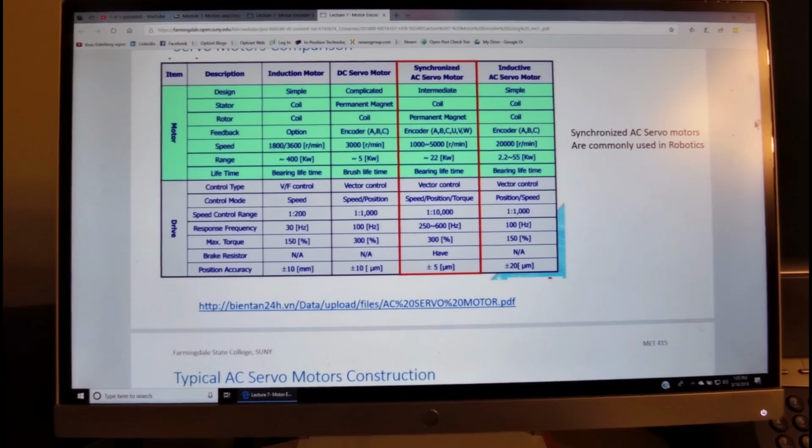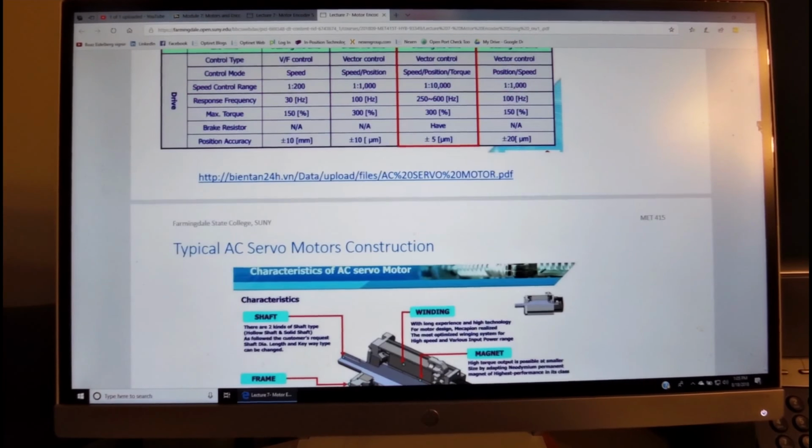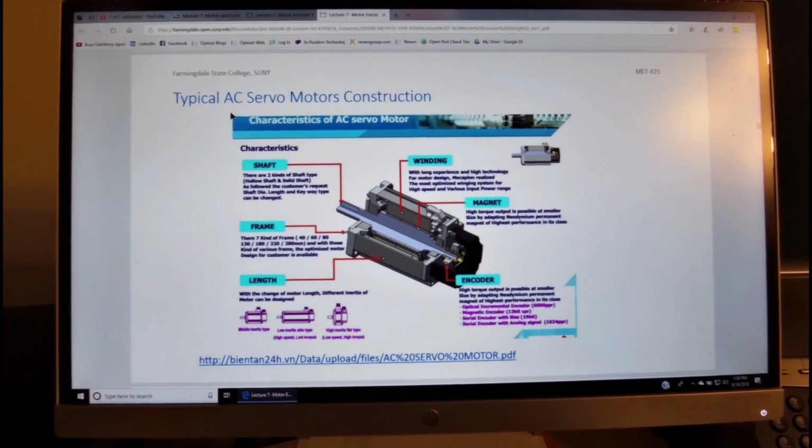Before we look at the differences between the different motors, let's take a look at the way an AC servo motor is being constructed. We see that we have a long shaft with magnets mounted on the shaft, and then we have the winding of the coils in the stator. And the shaft over here has the ball bearings and also seals to provide the ingress protection.